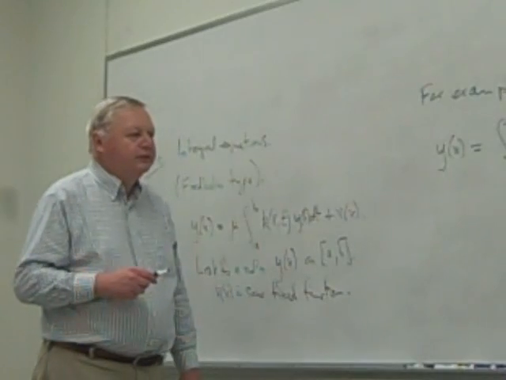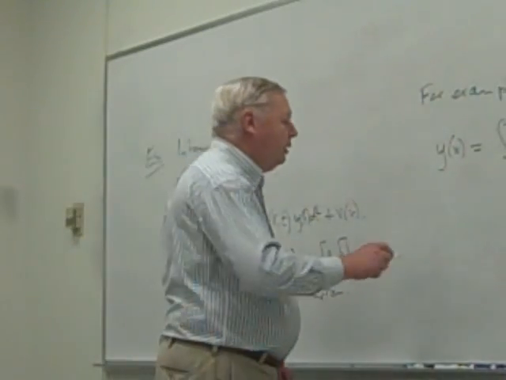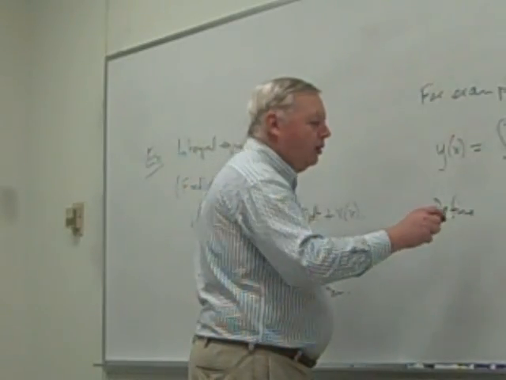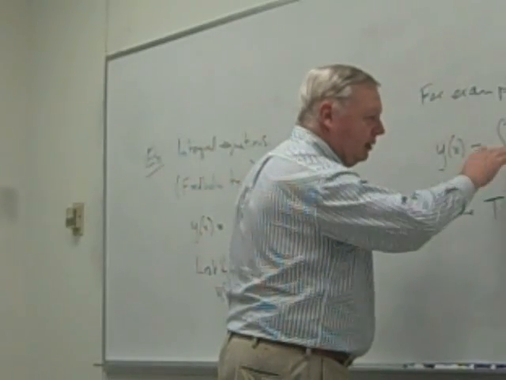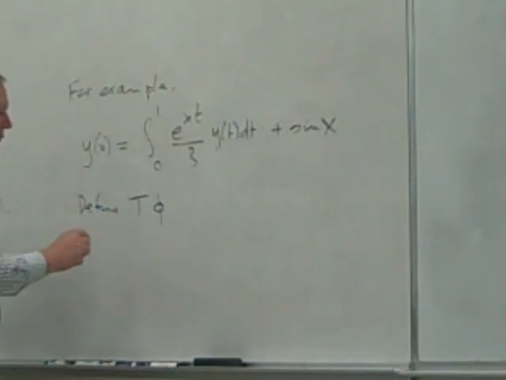So the way we can do this is we can regard it as a fixed point problem. So we can define the right-hand side as a function. And what it does is it takes continuous functions on 0, 1 and gives you back continuous functions on 0, 1.